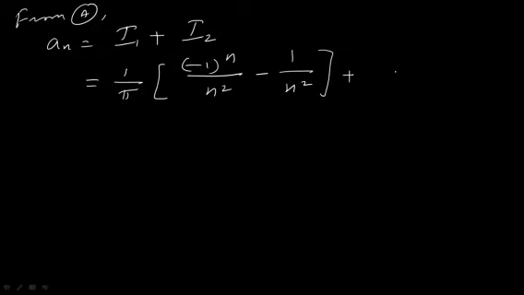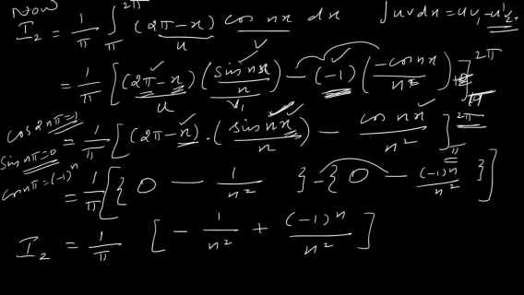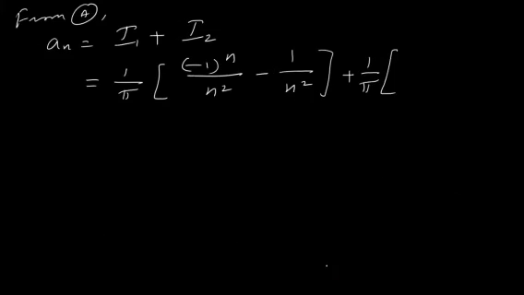plus your I2 is 1 by pi minus 1 by n square plus minus 1 whole power n by n square. So minus 1 by n square plus minus 1 whole power n by n square. Now here we have 1 by pi as a common term.